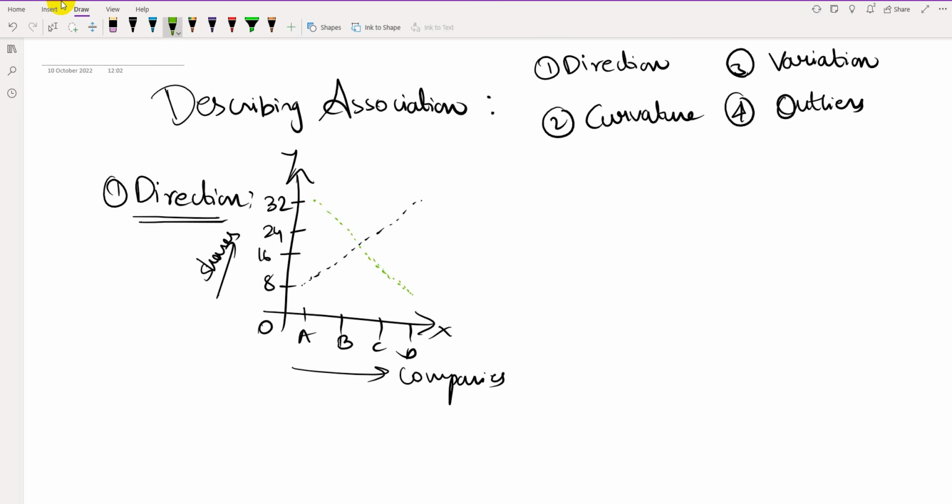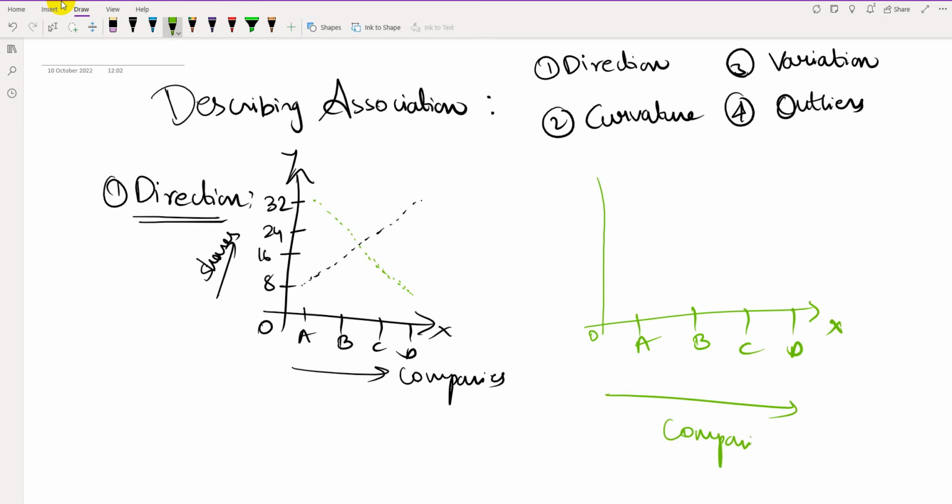Similarly, if we need to look at the direction, there are chances where we could observe both inclination and declination, meaning increasing and decreasing.